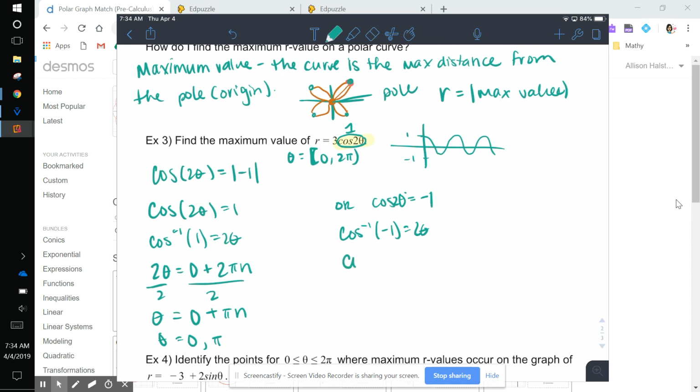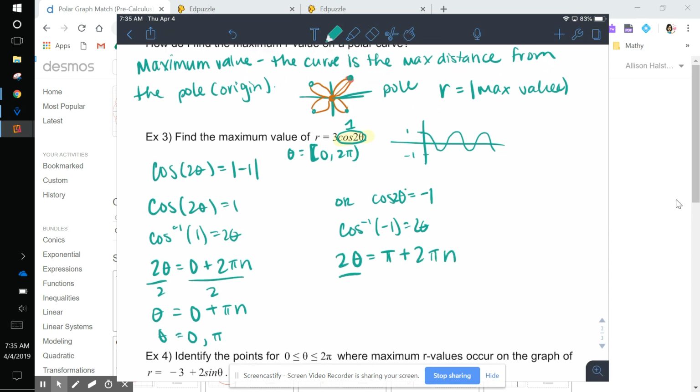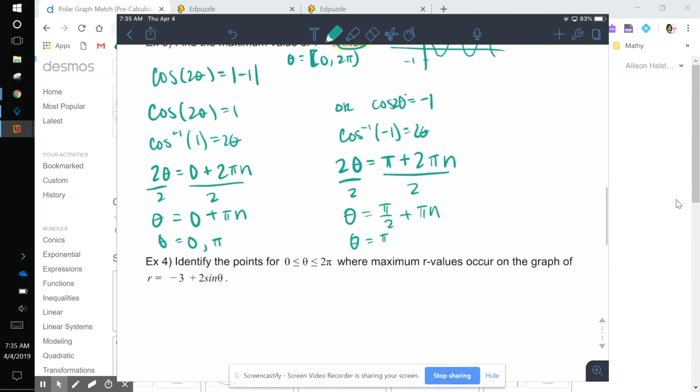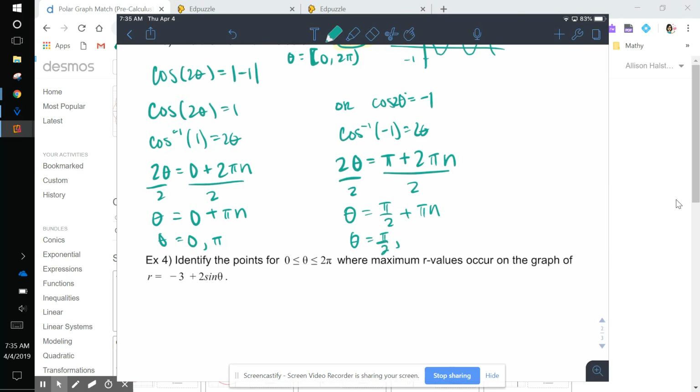For the other equation, the cosine inverse of -1 is equal to pi plus coterminal angles. So 2 theta is equal to pi plus 2 pi n, divided by 2. So theta is equal to pi over 2 plus pi n. Finding our angles in our range, it's pi over 2 and 3 pi over 2. And that's when we will have maximum values.